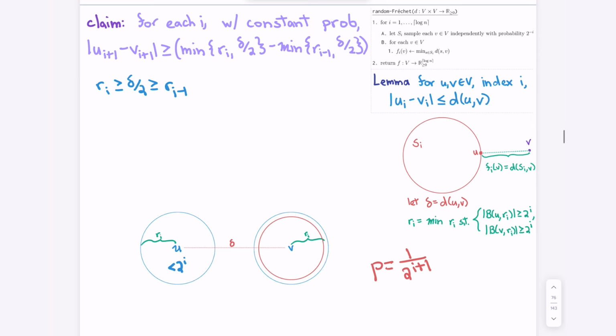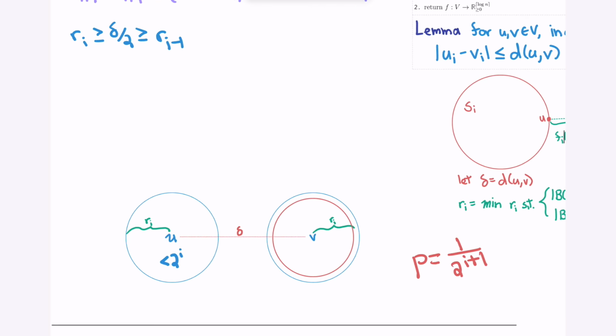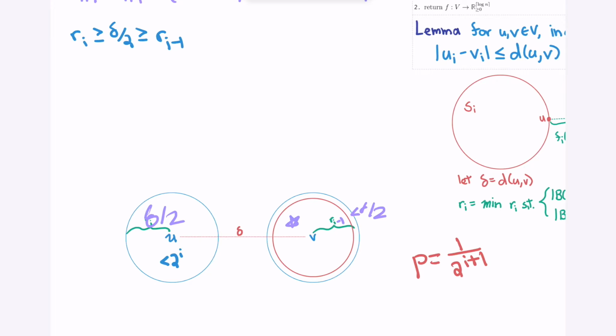In the other case, it should be basically the exact same thing, except this becomes delta over 2. And this is R_{i-1}, which is less than delta over 2. But the same argument as before: you hit 1 from here, you hit none from here. They're still disjoint because you're still looking at most delta over 2. And the only difference is that now you're going to get delta over 2 minus R_{i-1} instead of R_{i-1}.